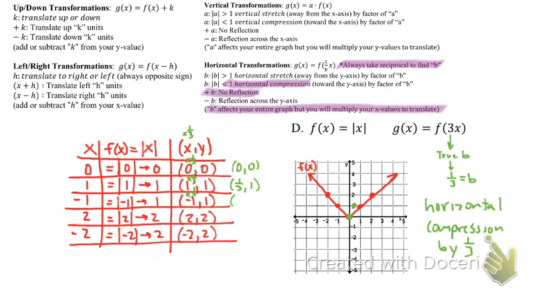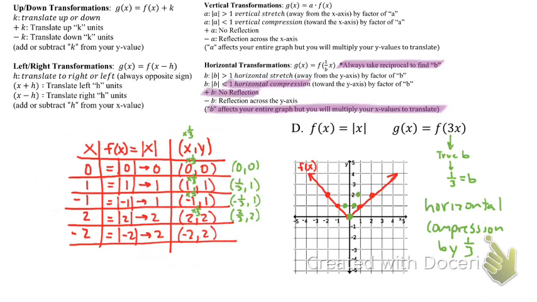-1 times 1/3, that gives me -1/3, 1. So -1/3, 1 is about right here. Again, it's just a little quick sketch. I'm not being totally accurate. And then we're going to go 2 times 1/3. Again, use your calculator, but it gives me 2/3, 2. So 2/3 is a little bit more past 1/3. So 2/3 is here, 2 would be right here.